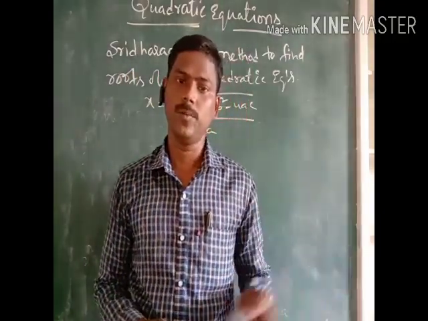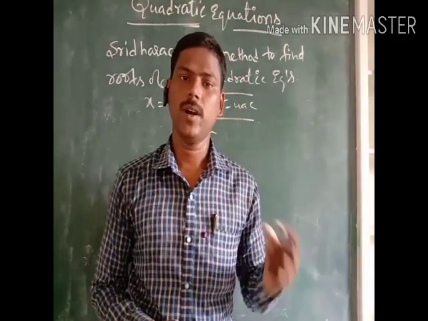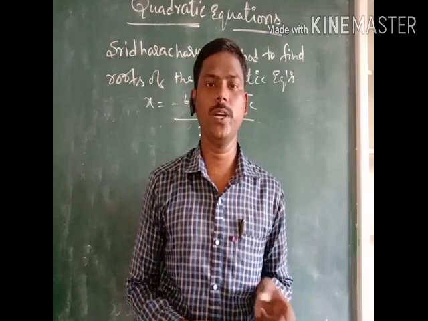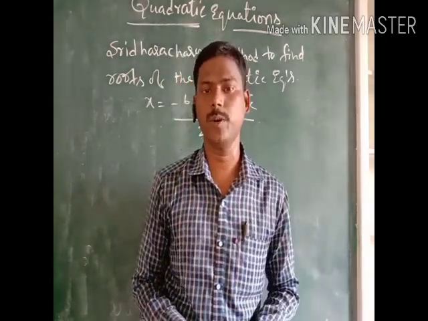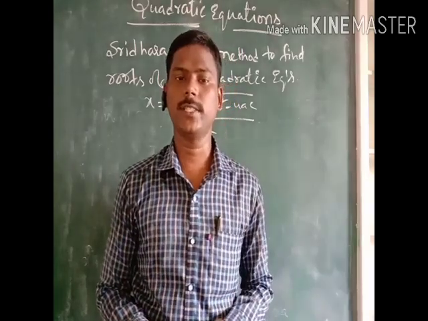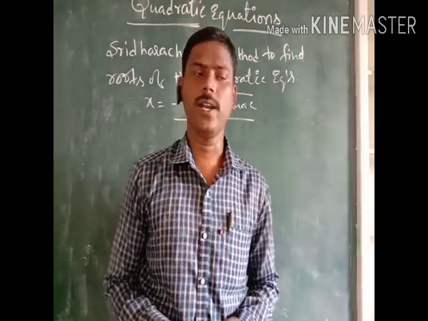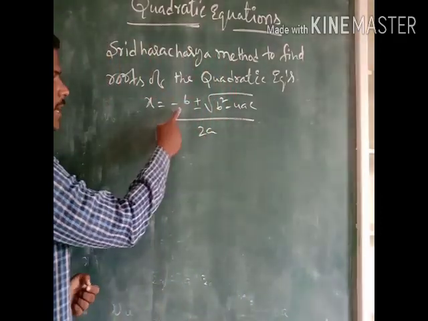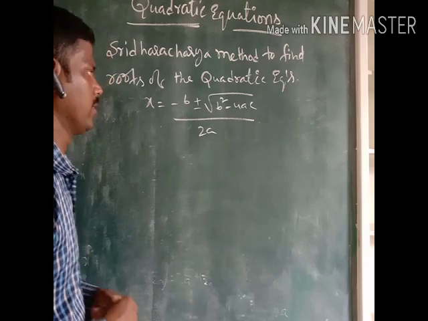The second term, b/a x, we write as 2 into b by 2a into x. Next add b by 2a whole square to both sides. Now it is changed into the formula (a + b) whole square = a² + 2ab + b². Then simplify the values. Finally we get x equal to minus b plus or minus square root of b² minus 4ac by 2a. This method is called the Sridharacharya method to find the roots of the quadratic equation.